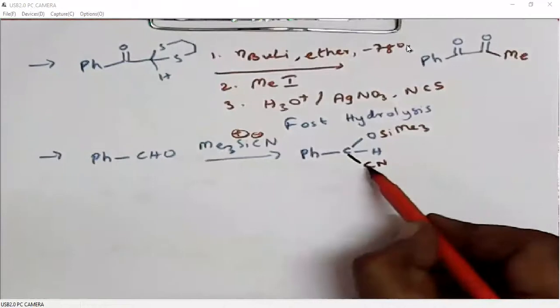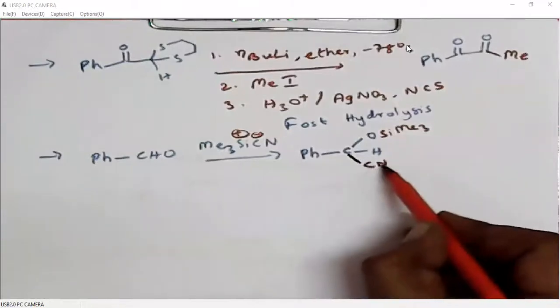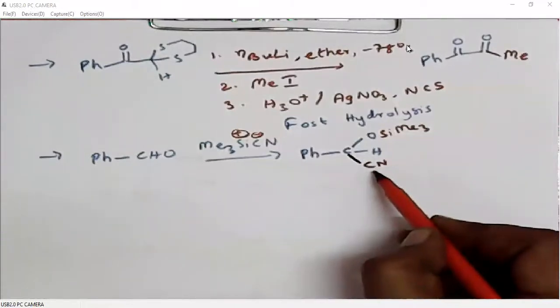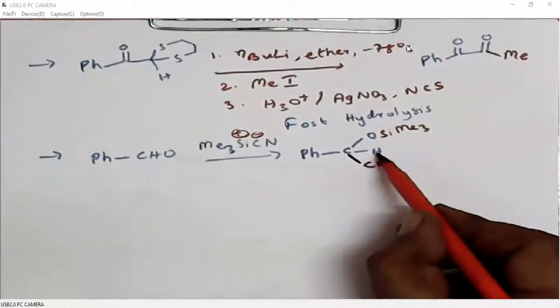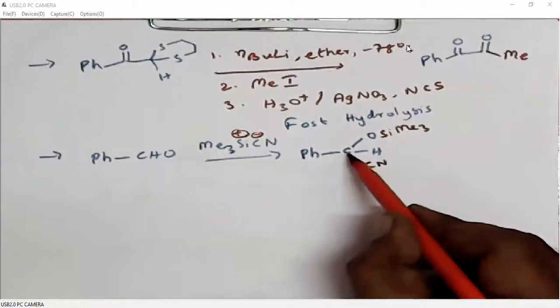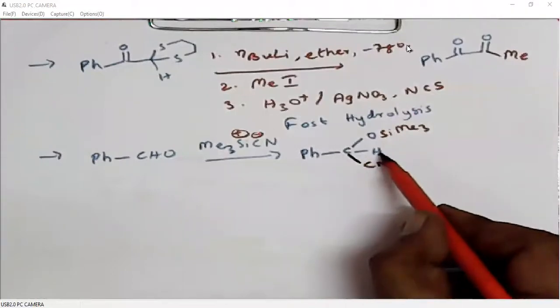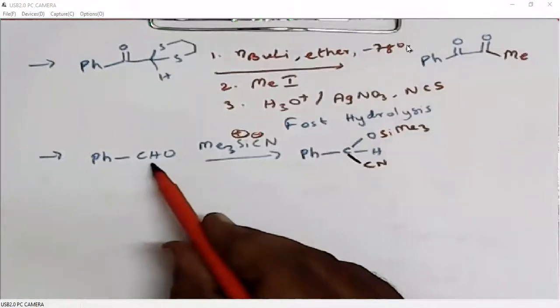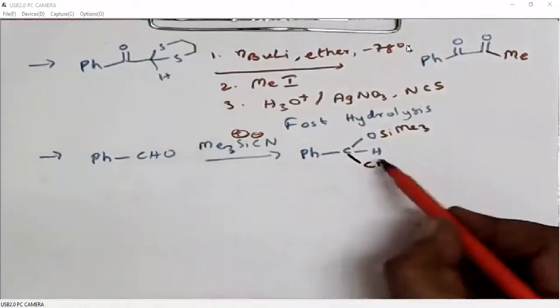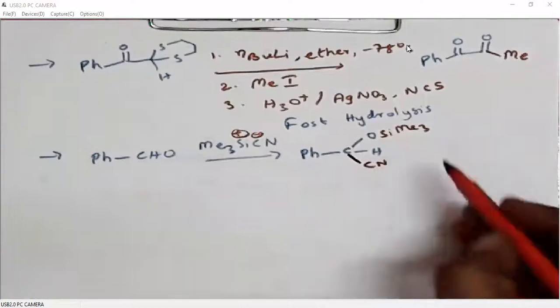Now, because of its withdrawing nature, CN is a strong withdrawing group, the reactivity of this carbon is reversed. Now this proton becomes acidic. Previously the aldehyde proton is not acidic, but in this case it is an acidic proton.